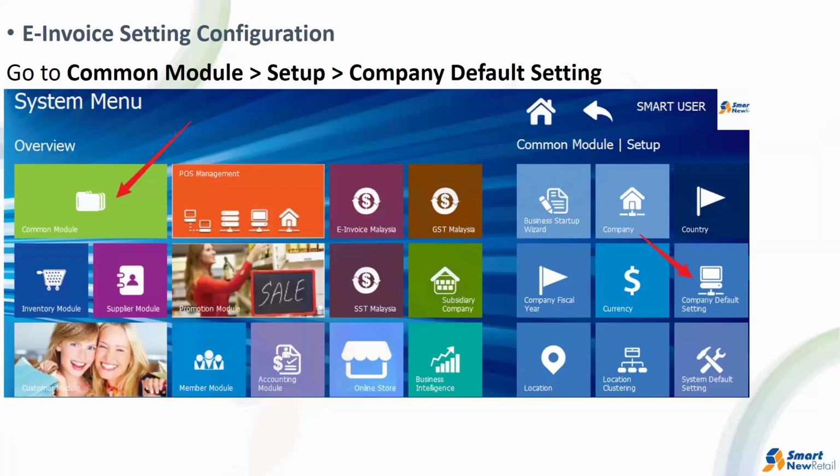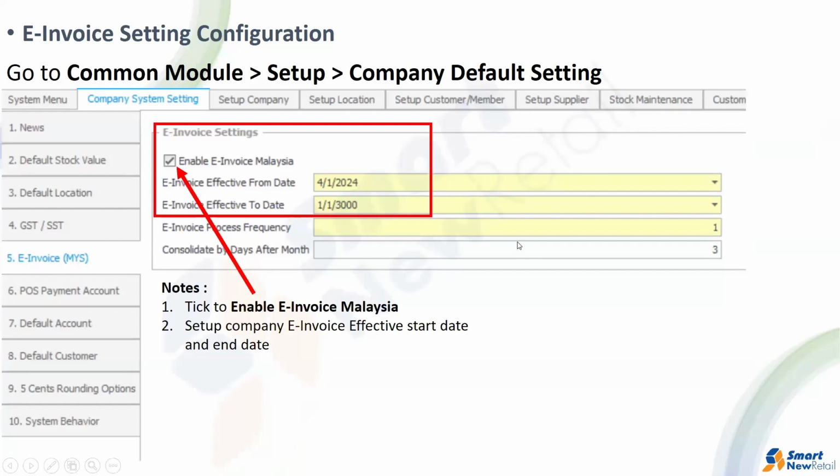First thing is we need to enable the e-invoice setting. We go to common module, setup, then company default settings. From company settings, you'll see number 5, E-Invoice.